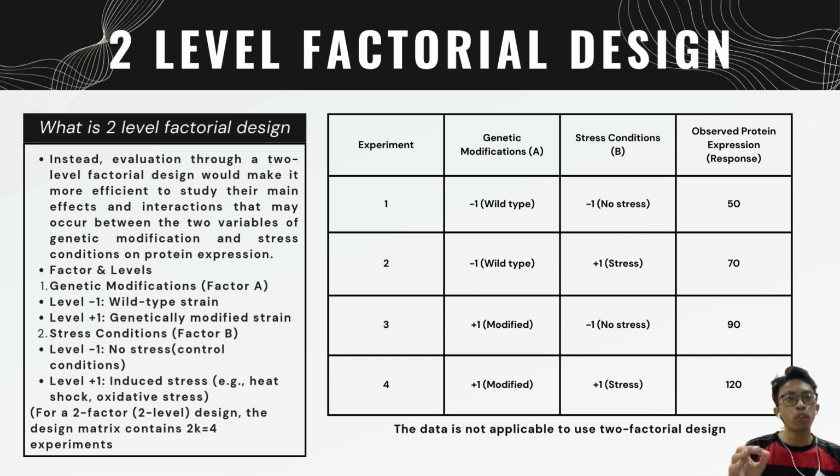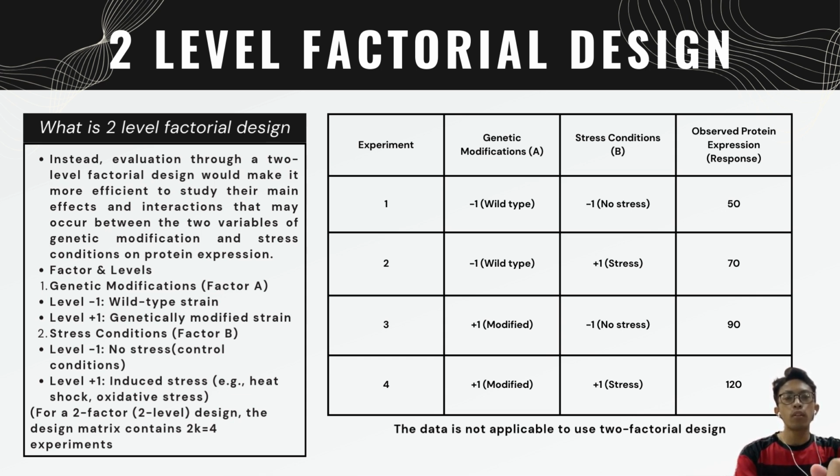A two-level factorial design is an experimental setup where we investigate multiple factors, each at exactly 2 levels. For example, let's say we are studying the effect of genetic modification and stress conditions on protein expression. So our 2 factors would be genetic modification and stress conditions.